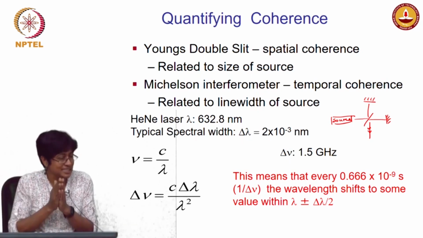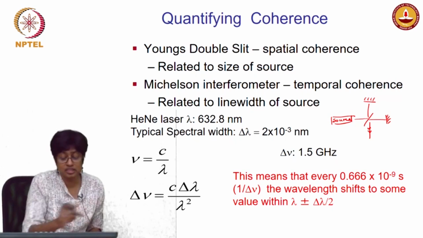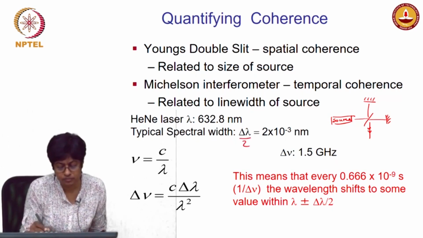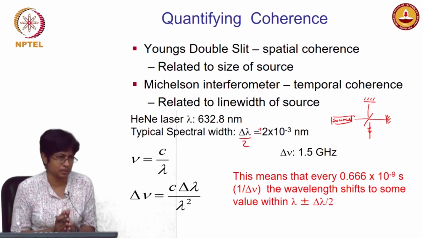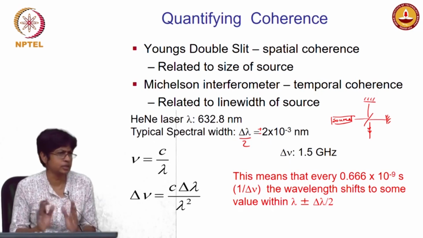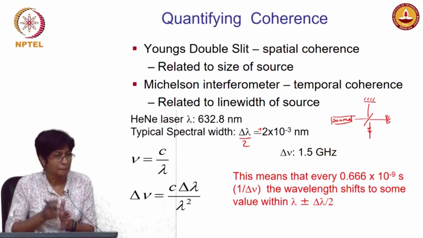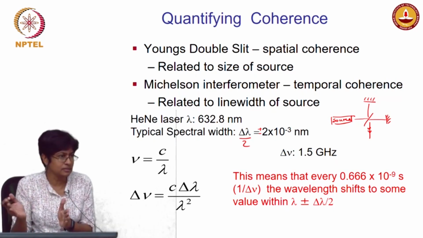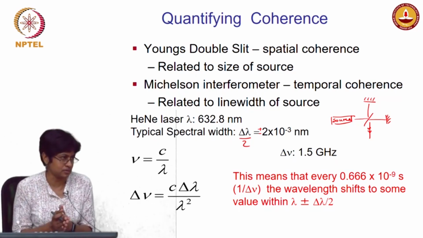It's emitting at some value of lambda which will lie plus or minus delta lambda by 2 from 632 nanometers. So I will still say this source is emitting 632.8 nanometers, but really it's emitting any wavelength within plus or minus delta lambda by 2 of that.